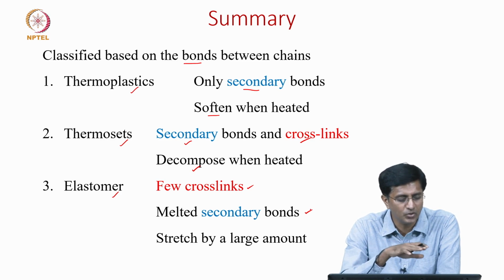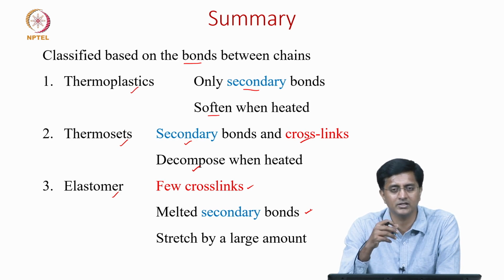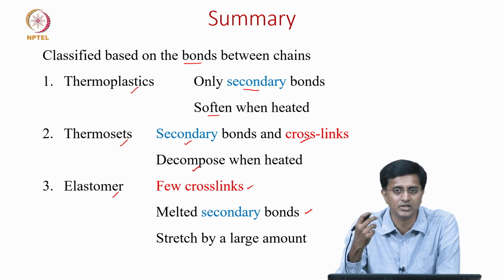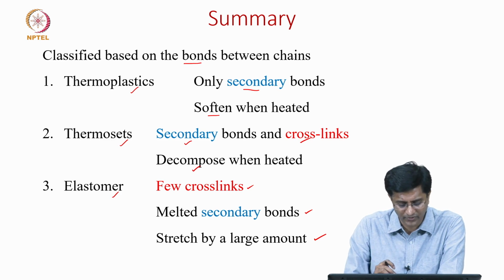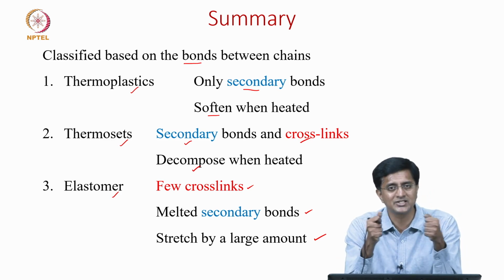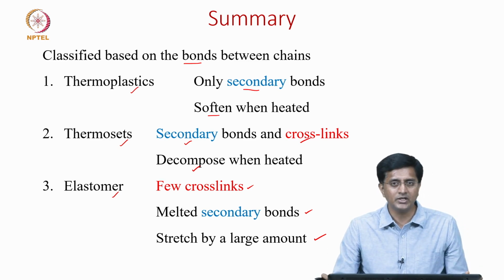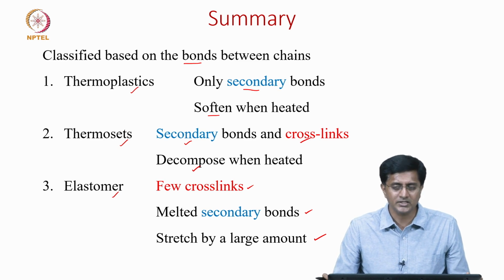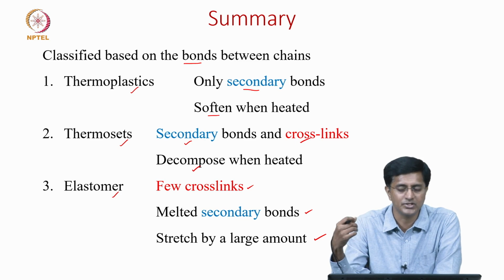But of course, if you keep cooling this elastomer, like if I keep cooling the rubber to let us say around minus 80 degrees centigrade, that is when these secondary bonds are again formed and then the strength or the stiffness of the rubber is increased. And we also explained how the structure of the polymer affects or lets the large stretches which we see with elastomers. So, with this we conclude today's lecture, and in the next lecture we will discuss more about the mechanical properties of these polymers.